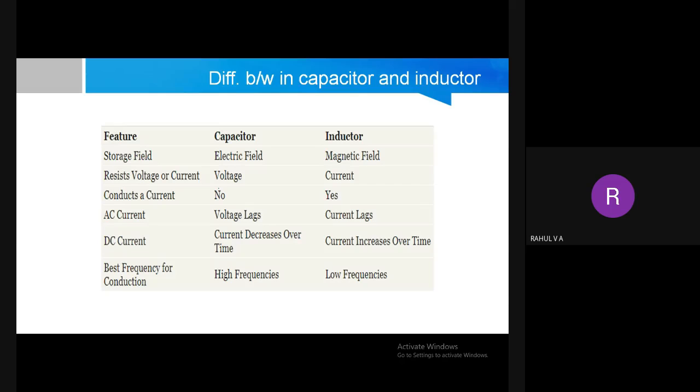Then we have learned the classification of inductance, that is fixed type and variable type. In fixed type, if there is no core within the winding, that is an air core inductor. If there is an iron core, it is an iron core inductor. If you are using a ferrite core, it is a ferrite core inductor. If there is no core, the value of inductance will be very low.